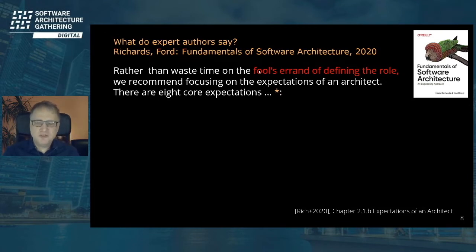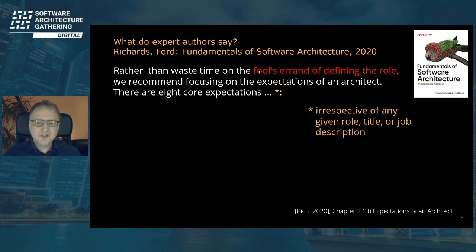We recommend focusing on the expectations of an architect, and they define some core expectations, what an architect should do, or what he or she should be like. And this sentence, before we come to the detailed parts, continues in their book with, irrespective of any given role, of any title, or any job description. So the role just goes out of the window.